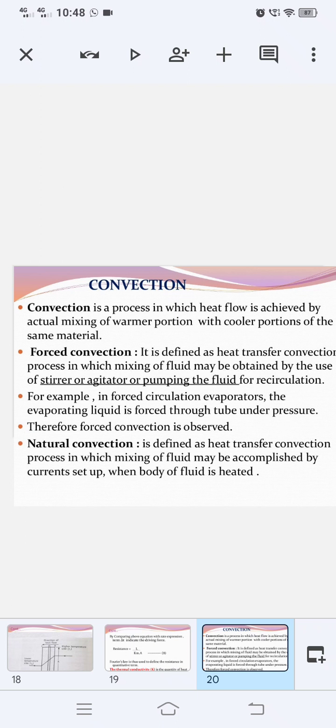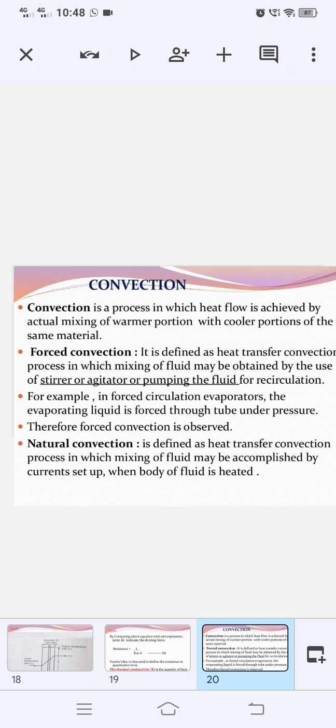First is forced convection. What is forced convection? It is a heat transfer process in which mixing of the fluid is obtained by use of a stirrer, agitator, or pumping of the fluid. Some mechanical means is used to achieve the heat transfer.